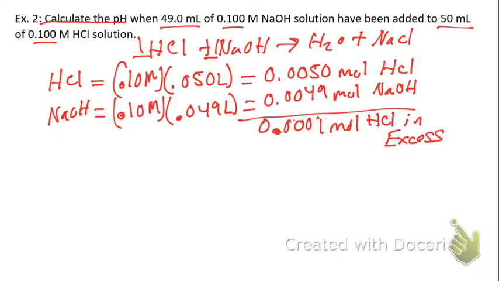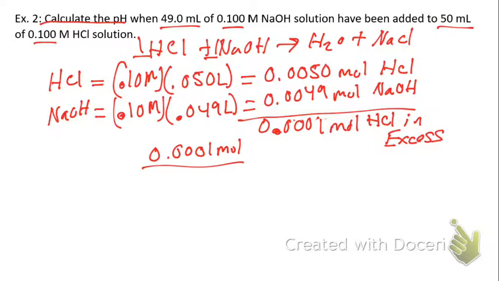So what is the pH? Well, since this is a strong acid, this should also be the amount of hydronium ion that would exist in our solution at the time. So we're going to take our 0.0001 moles, and we're going to divide it by the total volume of the solution, okay?